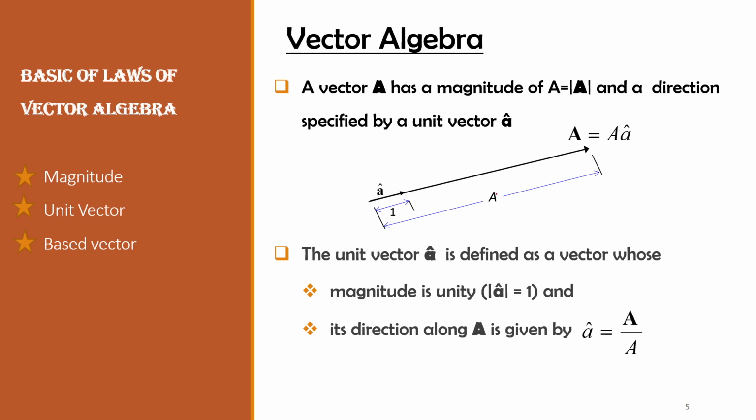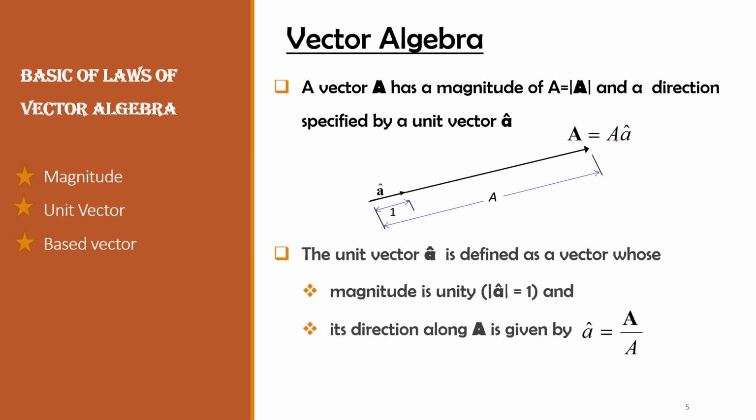This is the magnitude A here, and if we take one unit of this, we denote it as the unit vector A. Vector A is bold, while the quantity is a normal italic. For mathematical symbols we normally use italic, and for vectors it is bold.